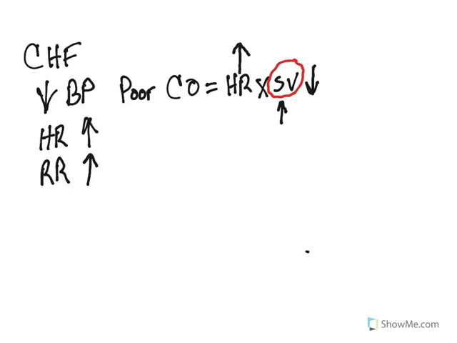Now, what happens if down the road I notice that the patient's heart rate starts to drop? Well, if their heart rate is dropping and their stroke volume is not changing, this is a patient that's decompensating. This is bad. This patient is decompensating very badly, and they're starting to go down the tube, okay?